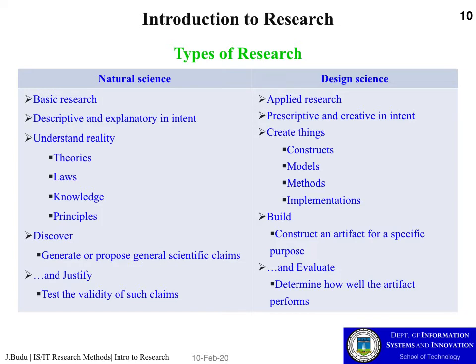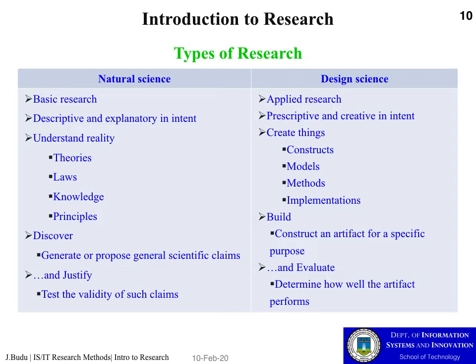Natural science also seeks to understand reality, and normally it produces theories, laws, knowledge, and principles, while design science results in constructs, models, methods, and implementations. Then natural science aims at discovering and proposing a general scientific claim.